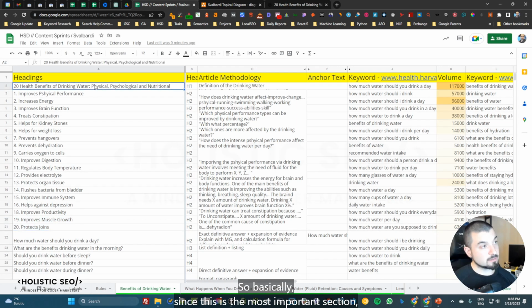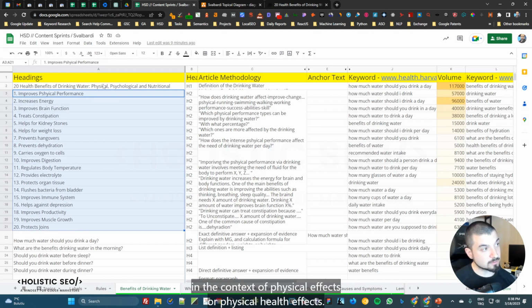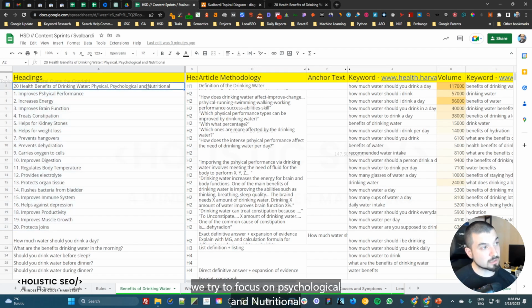So basically, since this is the most important section, mostly we connect and unite everything in this area in the context of physical effects or physical health effects, and in the middle sections or the minor sections, we try to focus on psychological and nutritional effects or factors.